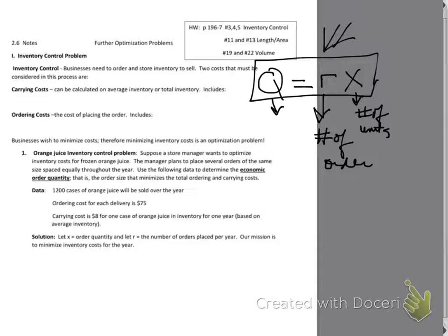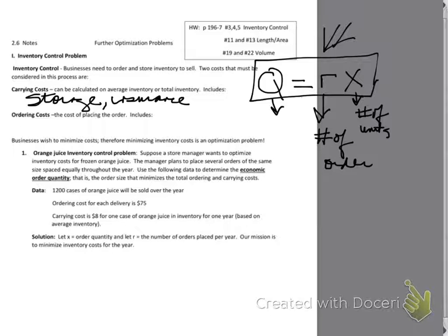So under the carrying cost, you could have such things as storage costs. It may be insurance. Okay, it may be the cost of capital tied up in an inventory. Those are carrying costs.